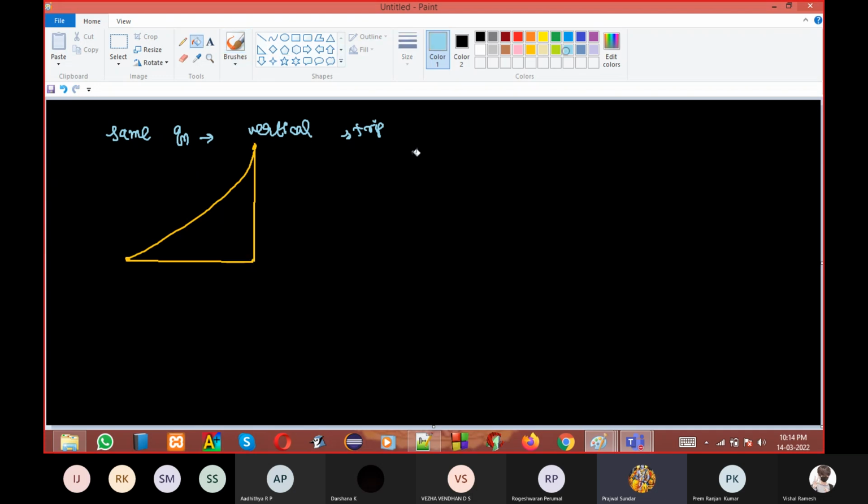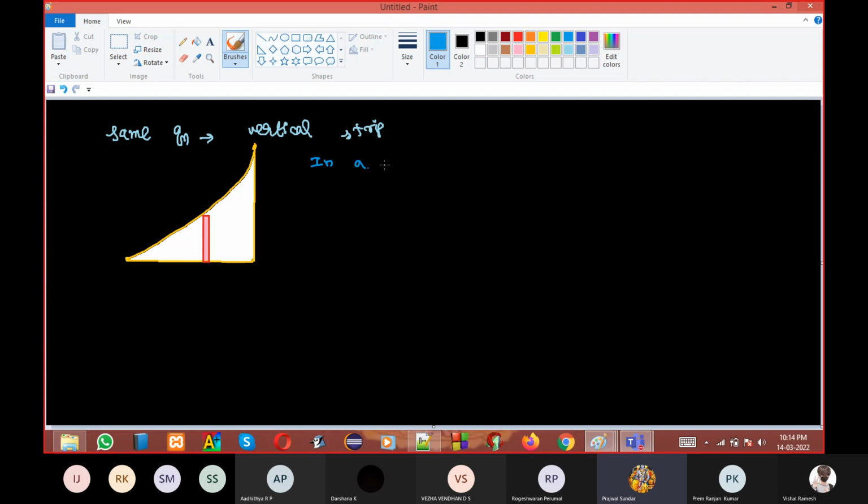Now see, take a vertical strip, a very small one. This is very big; the strip will be 1000 times smaller than what I have drawn. So the small parts are no problem. Don't worry.